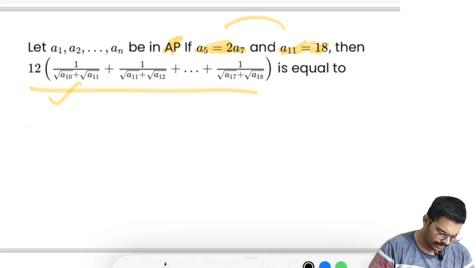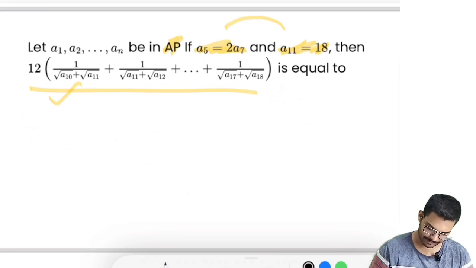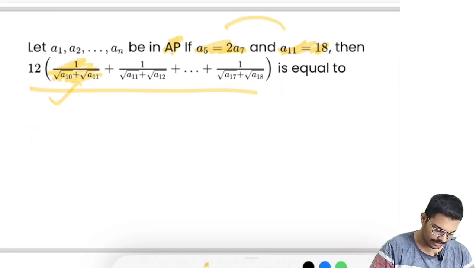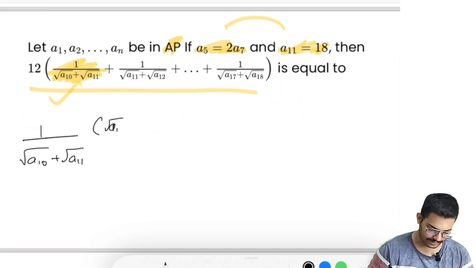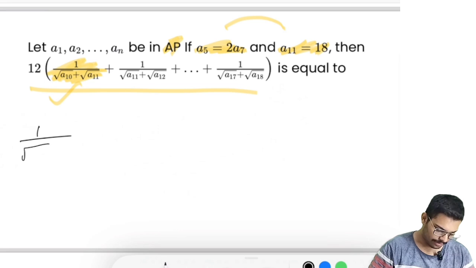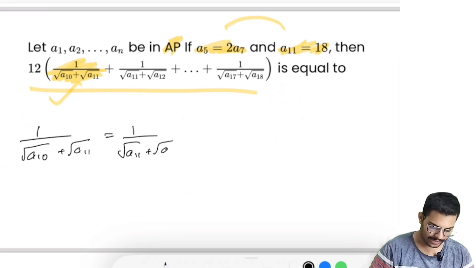Now, before proceeding, I am taking only the first term. In the first term, 1 by root of a10 plus root of a11, you multiply with the conjugate, or if you want, you can rearrange it. 1 by root of a10 plus root of a11 equals 1 by root of a11 plus root of a10.